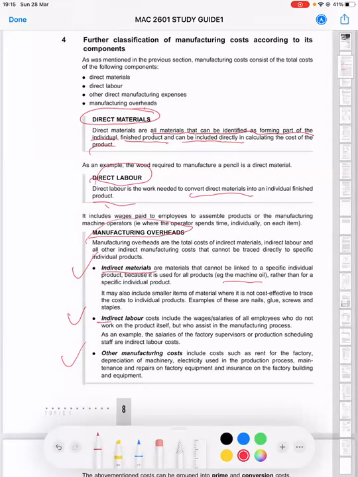And indirect labor, we spoke about the wages of workers who are not directly involved in the manufacturing process. We gave a good example of a factory supervisor. He oversees the operation, but is not directly involved in the bending and cutting of material.